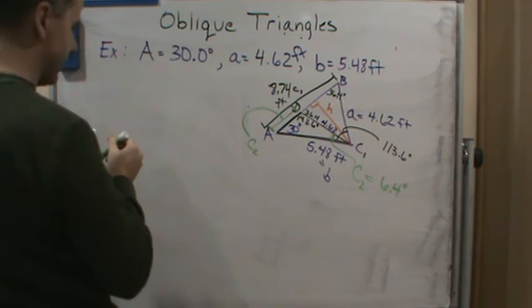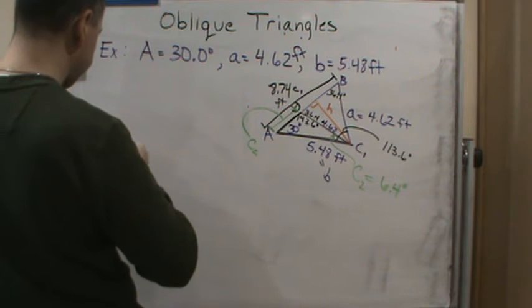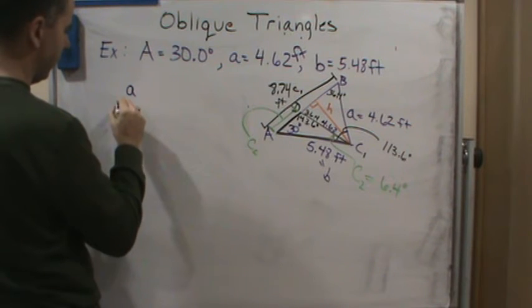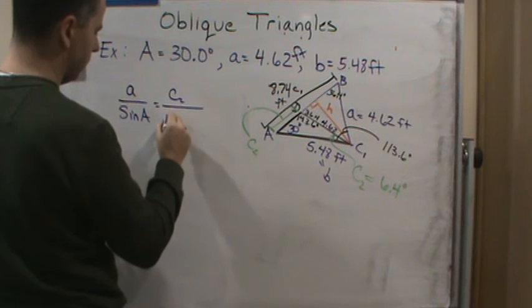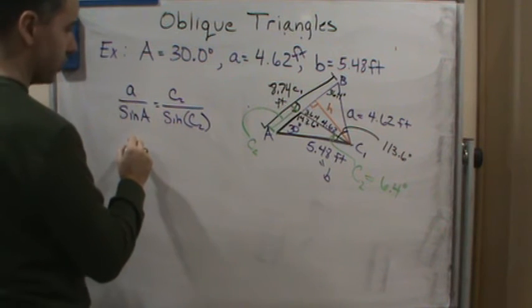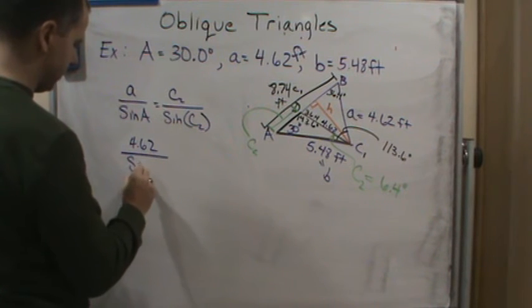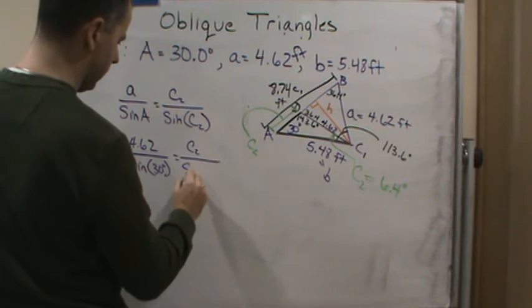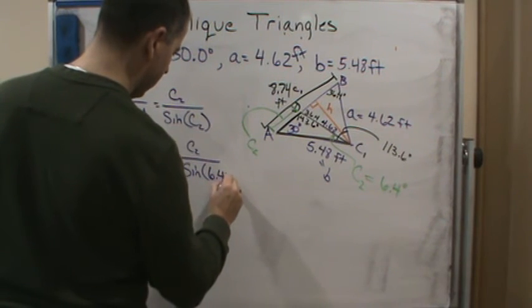And so now all we have to do is use the law of sines again to find that C2. So that's going to be A over sine A equals C2 over sine of C2. And so it's going to be 4.62 over sine 30 equals C2 over sine of 6.4 degrees.